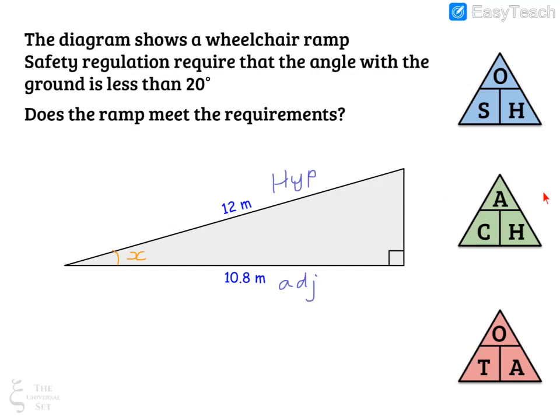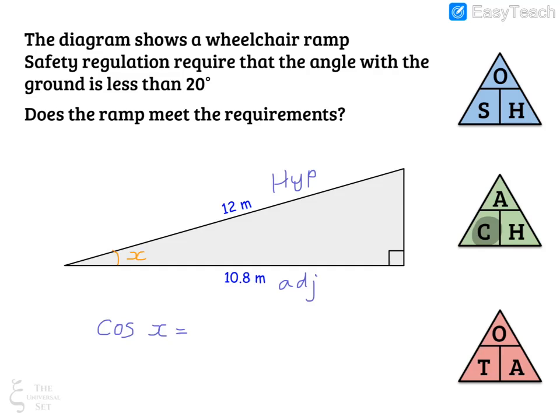It's going to be a cosine one this time, isn't it? So we cover up the thing we're trying to find, in this case C for cosine of the angle. And that tells us that cosine of the angle, so cosine X we're calling it, is equal to, what does it tell us? A over H, the adjacent over the hypotenuse.